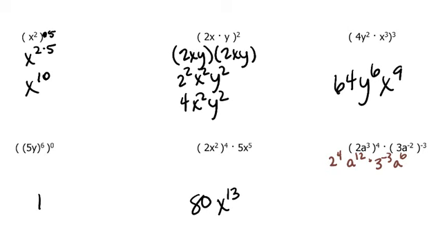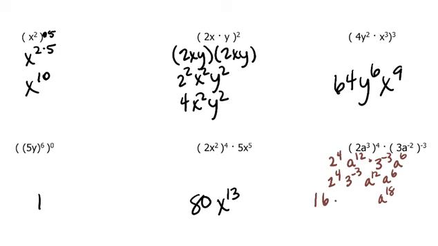Okay, and now that I've got this, I'm going to put all the numbers together and all the variables together. So a to the 12 times a to the 6 is where we're going to add the powers, and that's going to be a to the 18. And then, okay, 2 to the 4 is 2, 4, 8, 16.